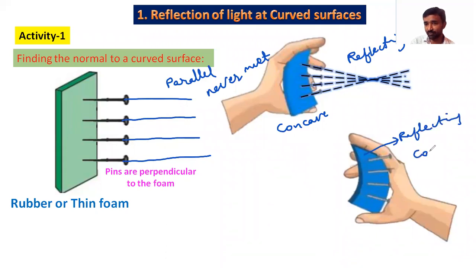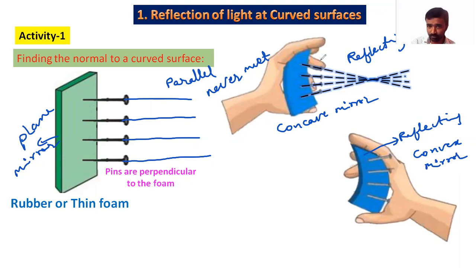So which mirror can we imagine? Convex mirror. Is it clear? We are just imagining the foam as a mirror. So this foam is imagined as a plane mirror, the second one as a concave mirror, and the third one as a convex mirror.